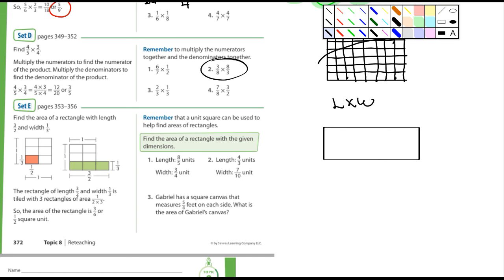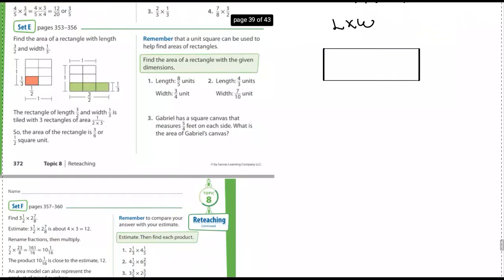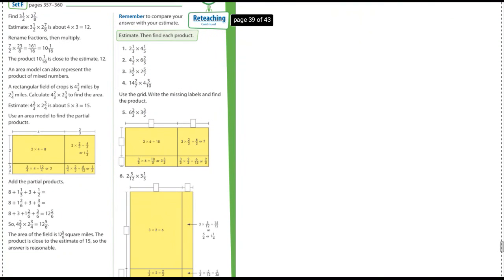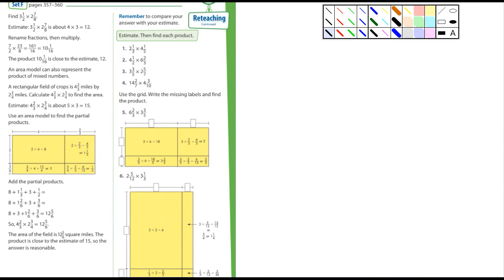I was going to give you guys another example, but I think this is sufficient. So that's set E. Set F. Estimate, then find each product. You don't have to estimate, if you don't want to. I'm not worried about it. Go ahead and figure those out.